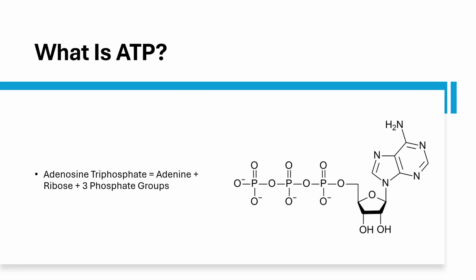The chemical energy stored in these bonds drives nearly every cellular process, from active transport to muscle contraction. On exams, remember that the bond between the second and third phosphate is the key one. It's broken during hydrolysis to release energy.